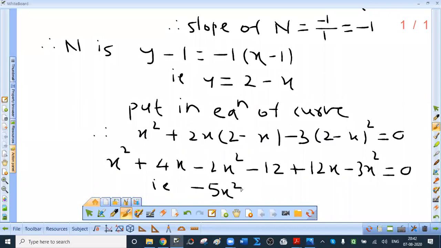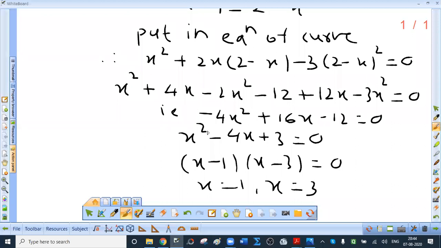Then minus 12 minus 5x square plus 16x. Tell me what you get here. x square plus 4x minus 2x square minus 12 plus 12x minus 3x square. So you get this.